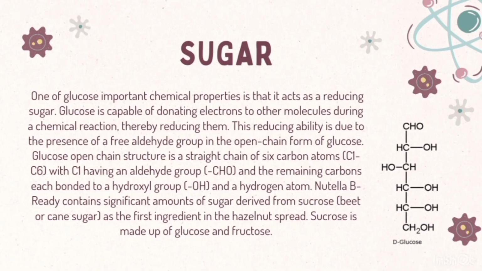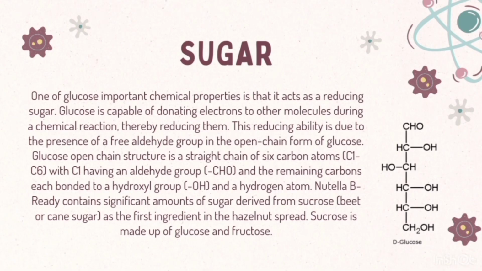Glucose is capable of donating electrons to other molecules during a chemical reaction, thereby reducing them. This reducing ability is due to the presence of a free aldehyde group in the open chain form of the glucose. Glucose open chain structure is a straight chain of 6 carbon atoms, with carbon atom number 1 having an aldehyde group and the remaining carbons each bonded to a hydroxyl group and a hydrogen atom.